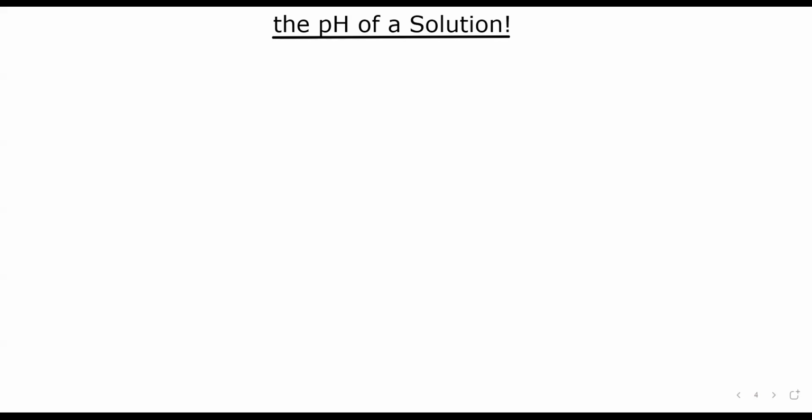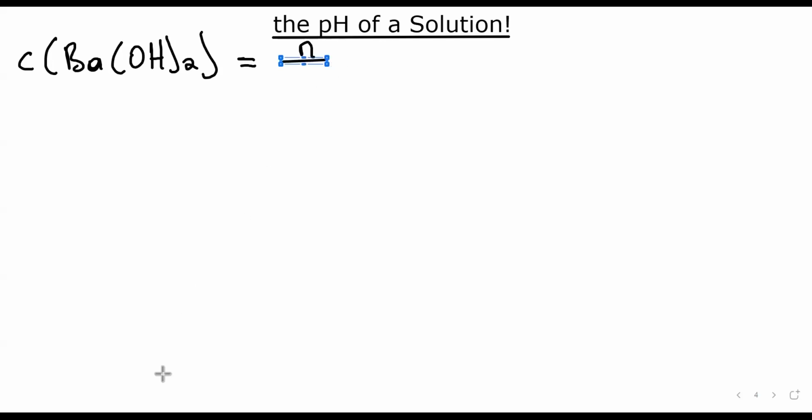So, well, with regards to this barium hydroxide, we are actually given the concentration as well as the volume, so we can easily find the moles by defining the concentration, of course. So we say, well, the concentration of this solution is defined as the number of moles divided by the volume.